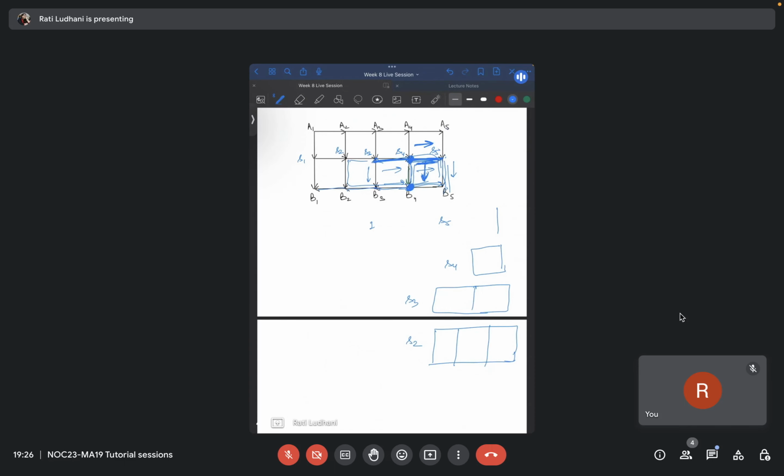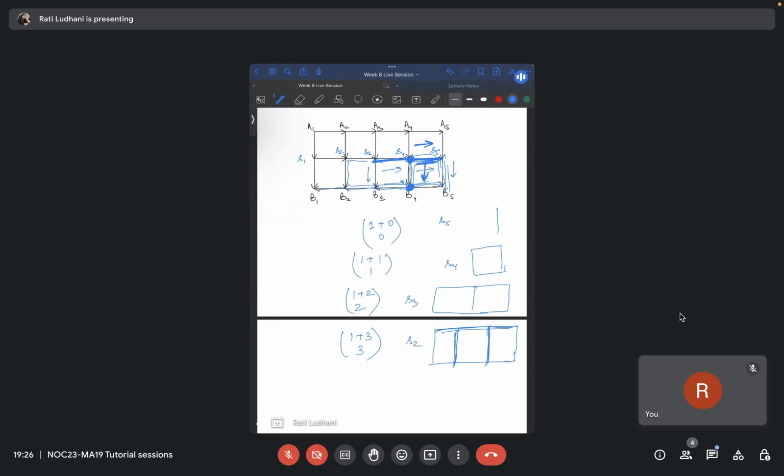So if you look at the pattern, it is like this: 1 plus 1 choose 1, 1 plus 2 choose 2, this will be 1 plus 3 choose 3, because options are only on this side. Once you come downwards, you have to come down by 1 step, but the option will be here.